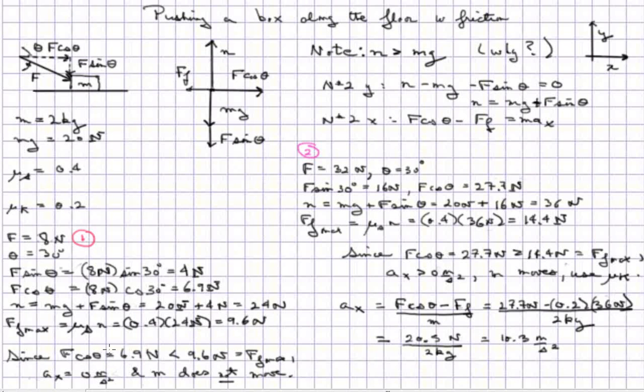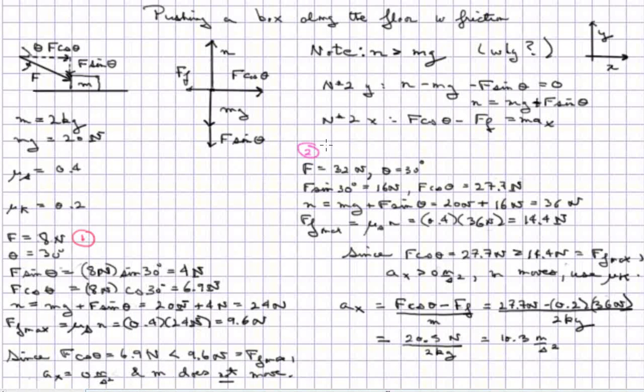And since F cosine theta is 6.9 newtons, and that's less than the maximum 9.6 newtons that can be provided by the static frictional force, that means a sub x is going to be 0 meters per second squared, and m does not move. We're not pushing hard enough at this angle.